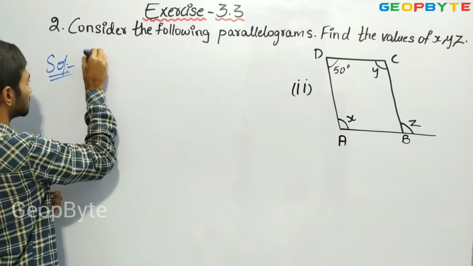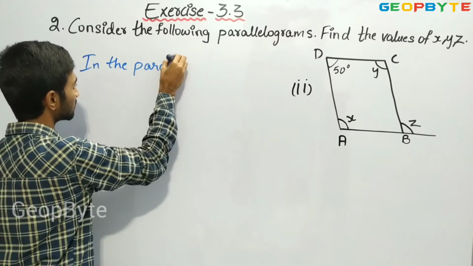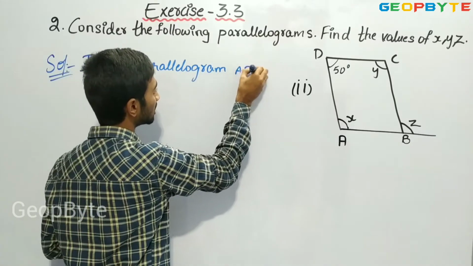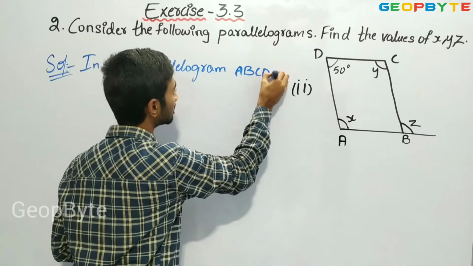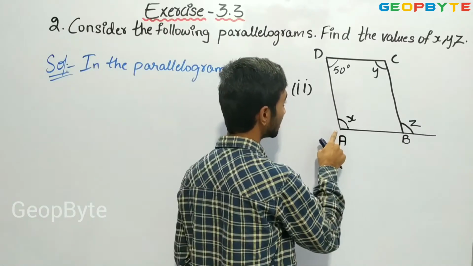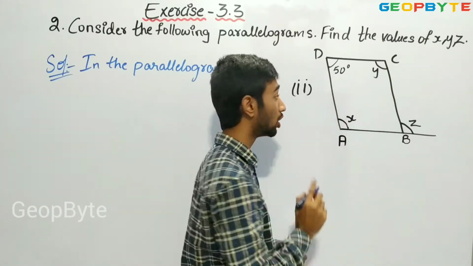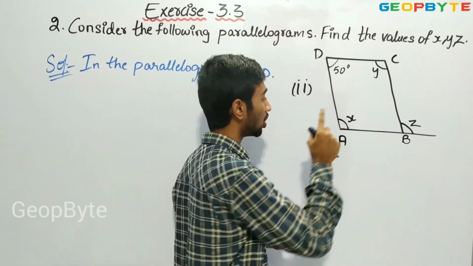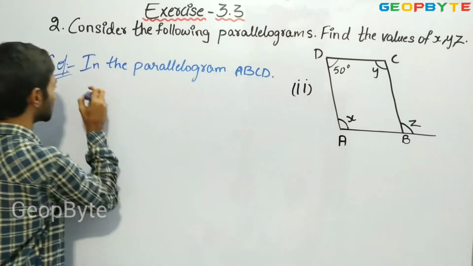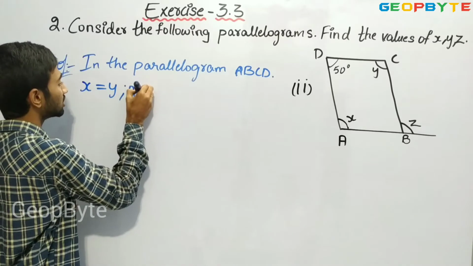In the parallelogram ABCD, we can observe that angle A is opposite to angle C. Here angle A and angle C are opposite angles, and we know that opposite angles of a parallelogram are always equal. So here x is equal to y.